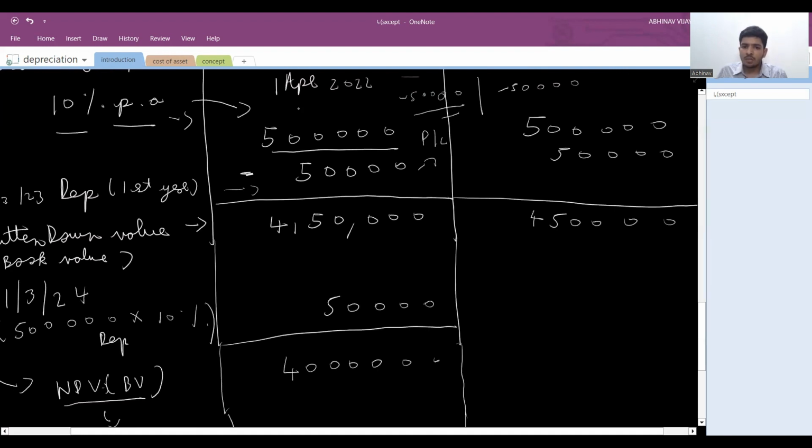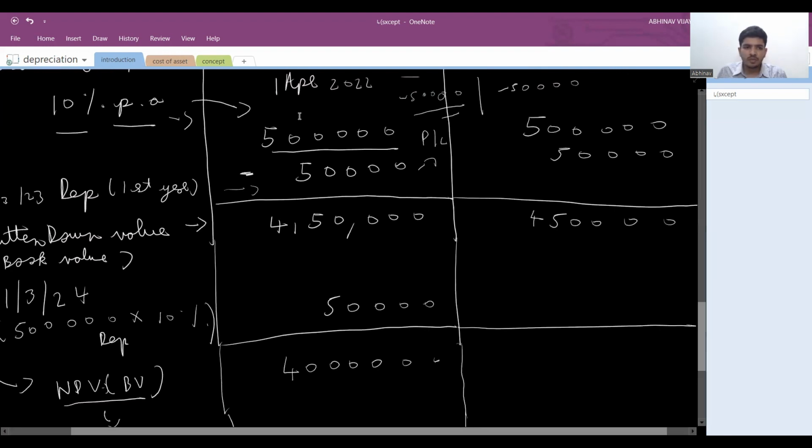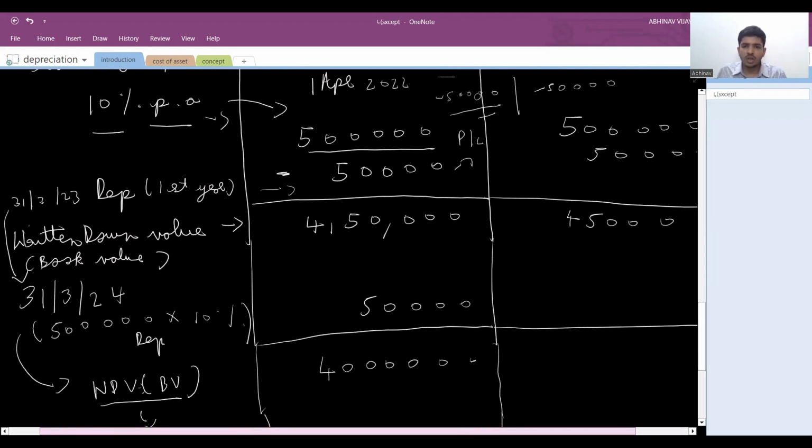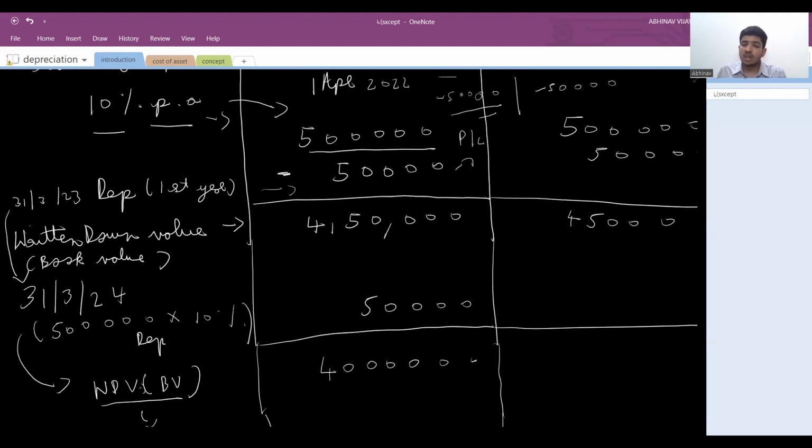Now, another year passes. It's 31st March 2024 now. You have to charge 10% depreciation again. Apart from the first year, under WDV, you always charge depreciation on the written down value. The written down value is 4,50,000 in this case for the year end.